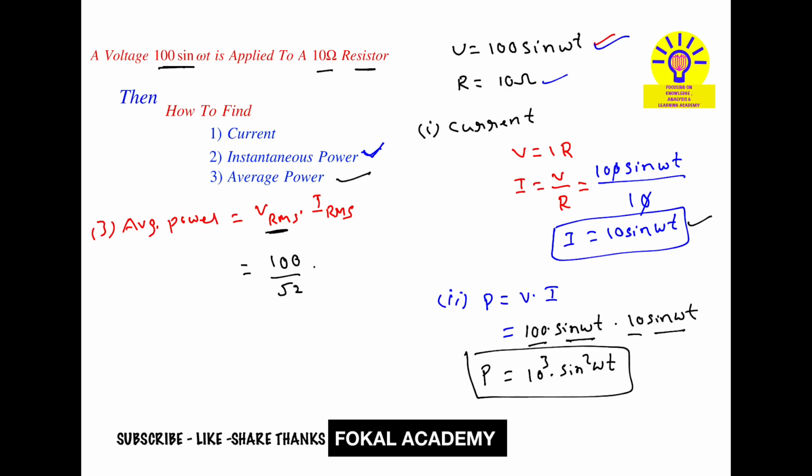Similarly for RMS current, from the current equation the maximum amplitude is 10, so 10 by root 2. So 100 into 10, 1000 by root 2 into root 2, that is root 2 whole square. So the root will cancel and we get 2. By simplifying this we get 500 watts. So this is the required average power for the given circuit, and this is the process of simplification.